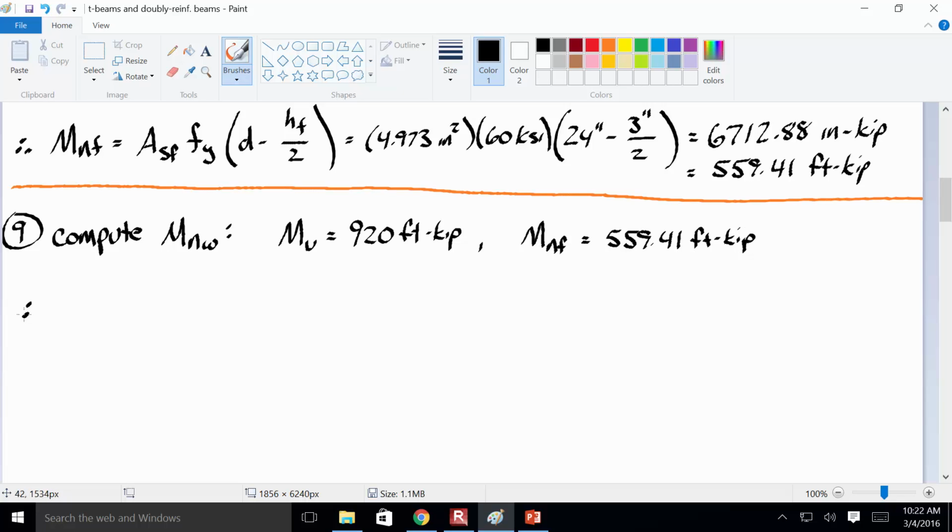So therefore, Mn for the web is Mu minus Mnf. But the problem is that you got to make sure you're doing apples to apples. So this has to be factored. And technically, if you factored your moment, that would lead to a phi value right here. So if I divide that out, that's how I get this. All right? Does that make sense?